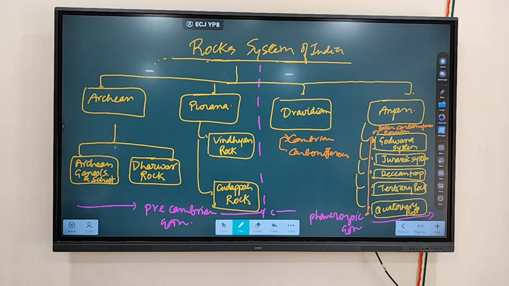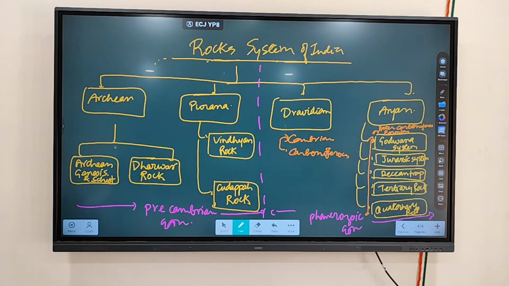Jurassic and Deccan Trap were formed in the Mesozoic period. So from late Carboniferous, Permian till today, the rocks being formed are referred to as Aryan rocks.